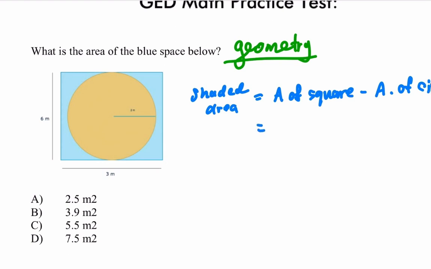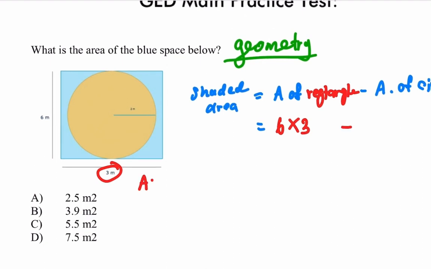subtract the area of the circle. So we need to find the area of the square first. It's not a square, sorry, it is a rectangle: 6 times 3. Then subtract the area of the circle.